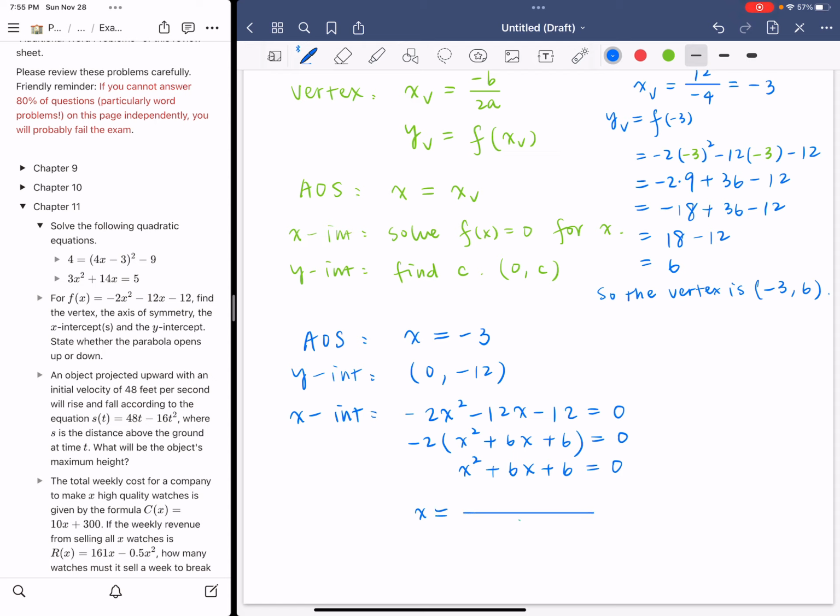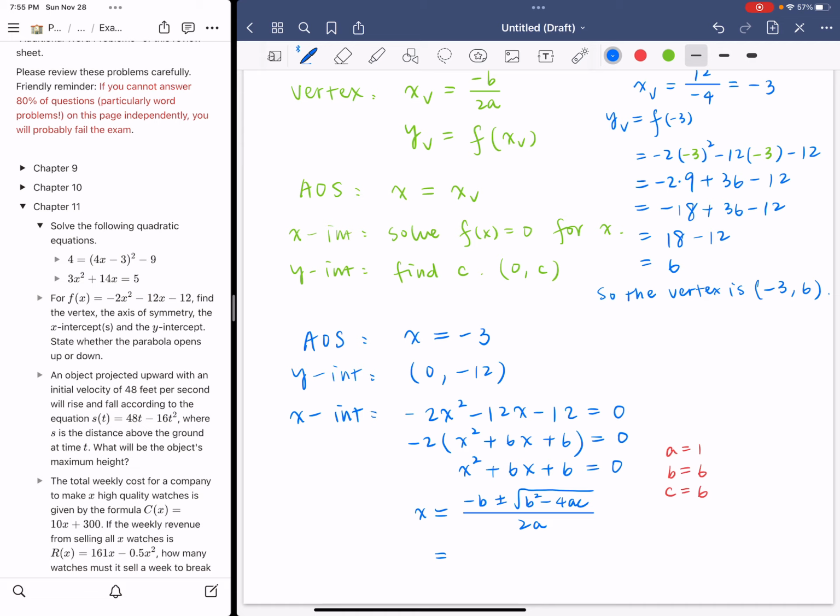It will be 2a in the denominator, and then negative b plus or minus the square root of b squared minus 4ac. Notice that the a, b, c that I just wrote right here are different from the a, b, c from the original question because I took out the GCF. So you just have to look at what the a, b, c here are. We have a is 1 and b is 6, c is also 6.